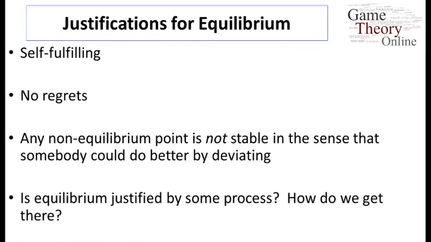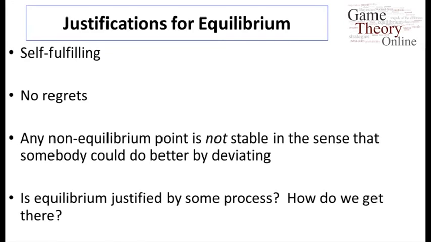It also means that players don't have any regrets after the fact, so that they wouldn't want to go back and change the strategy they're playing. Now, when we talk a little bit about randomization later on, it could be that if players are randomizing, then the realization that they get is ex post something they'd want to change, but they don't regret the strategy they're taking in its basic form.